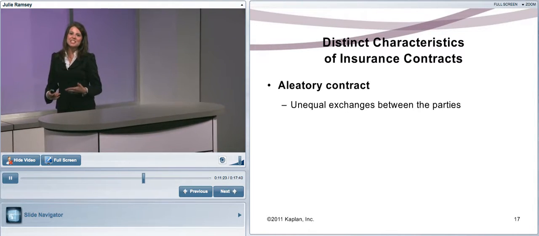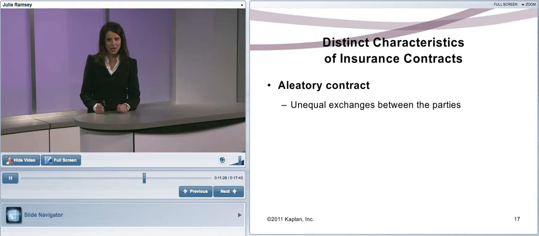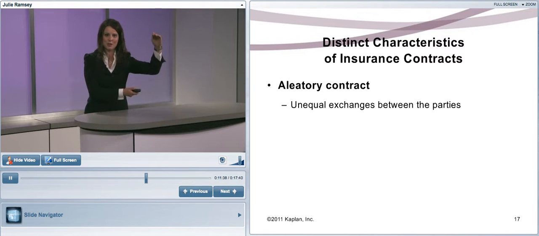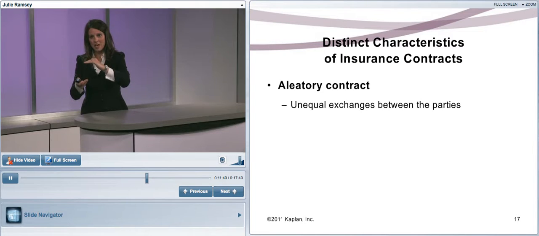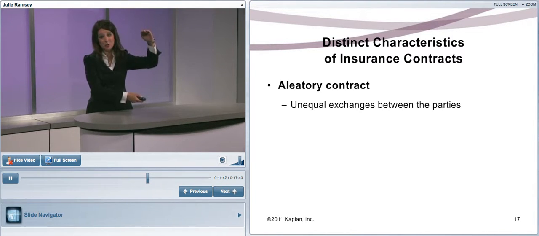Another definition is aleatory contract. Insurance is an aleatory contract. It's an unequal exchange between the parties. When you think about it, one party pays a small amount in relationship to the other party that pays a large amount. Typically, the small amount is the insured paying their premiums, and then when there's a loss, the insurance company pays out a huge amount.